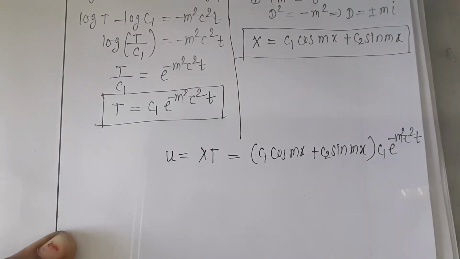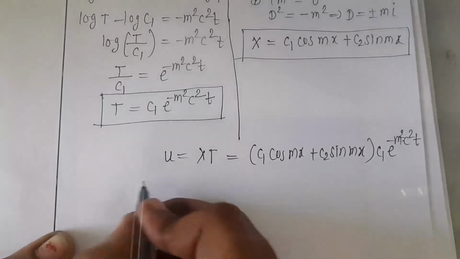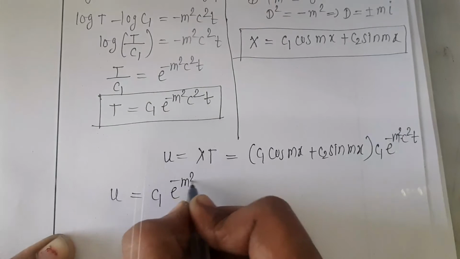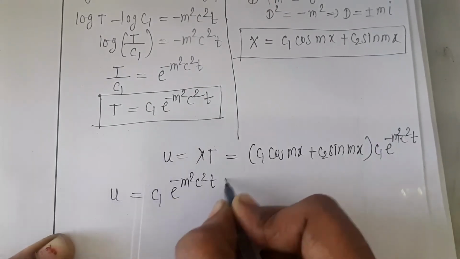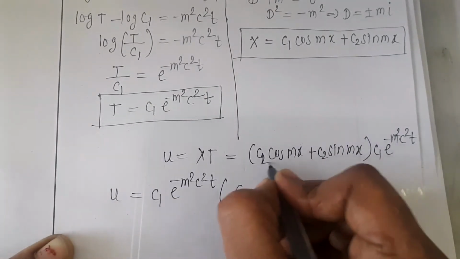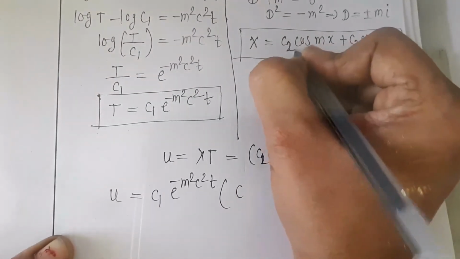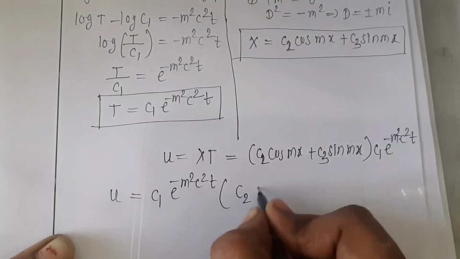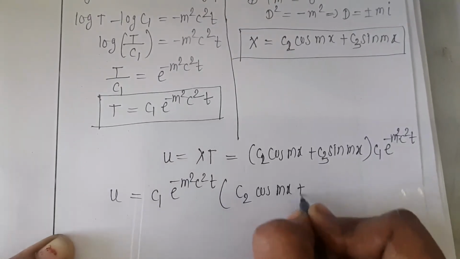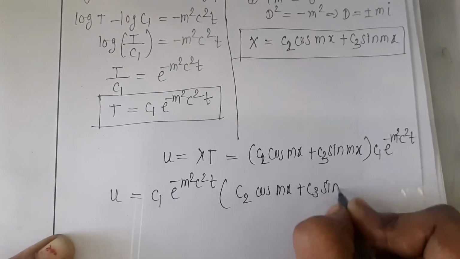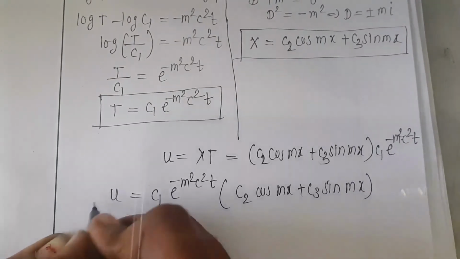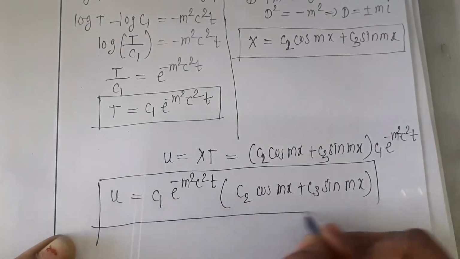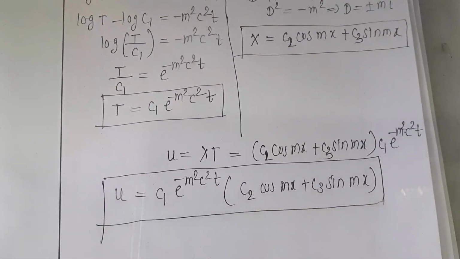So we obtained the solution, which we can write in proper form: u is equal to c1 e to the power minus m squared c squared t multiplied by, this is not c1, this is c2 and c3, since one constant is already considered. So c2 cos mx plus c3 sine mx. So we obtained the solution for the one dimensional heat flow equation, which we are going to use to solve each and every problem.